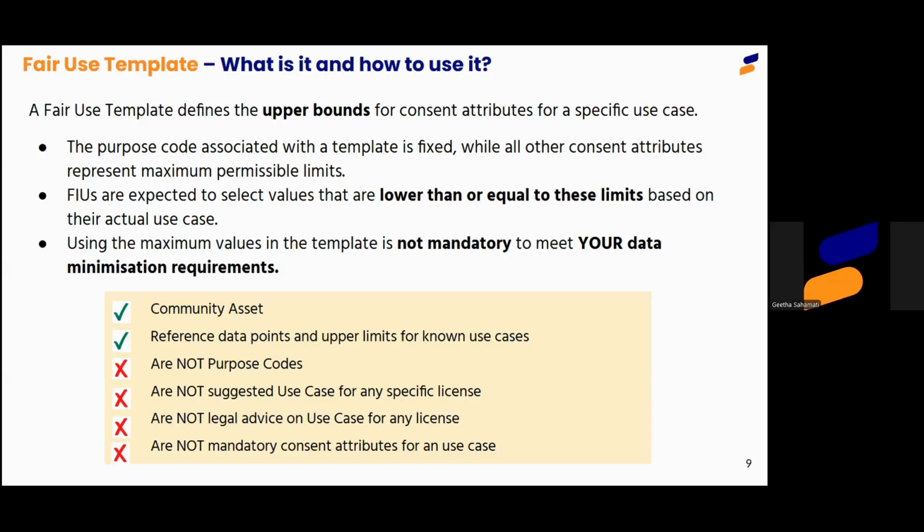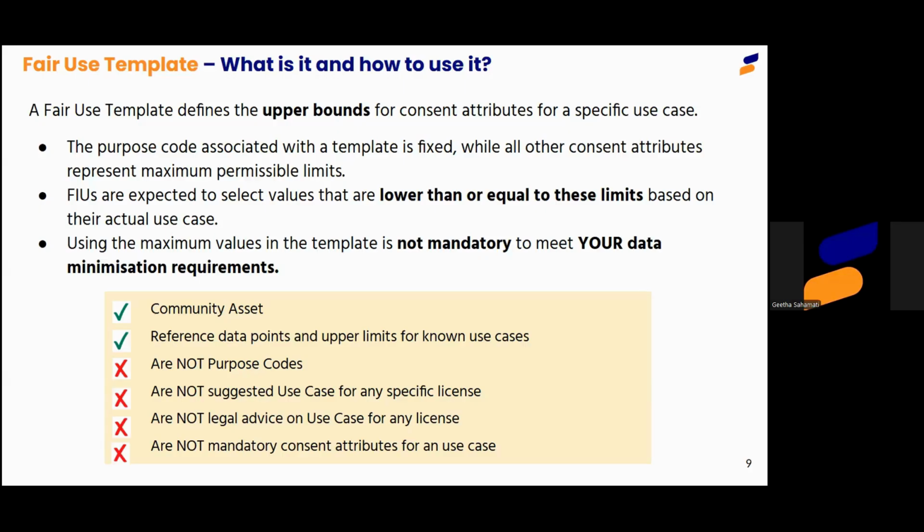And same in case of lending, it is 5 years and 7 years and things like that. So it is a community asset prepared by the ecosystem itself. And all the data points are references or upper bounds, and they are not actually what is important. It doesn't mean that you always should keep it for a consent validity of 1 year. If your internal policies require you to keep for 6 months, then only retain a 6 months consent.